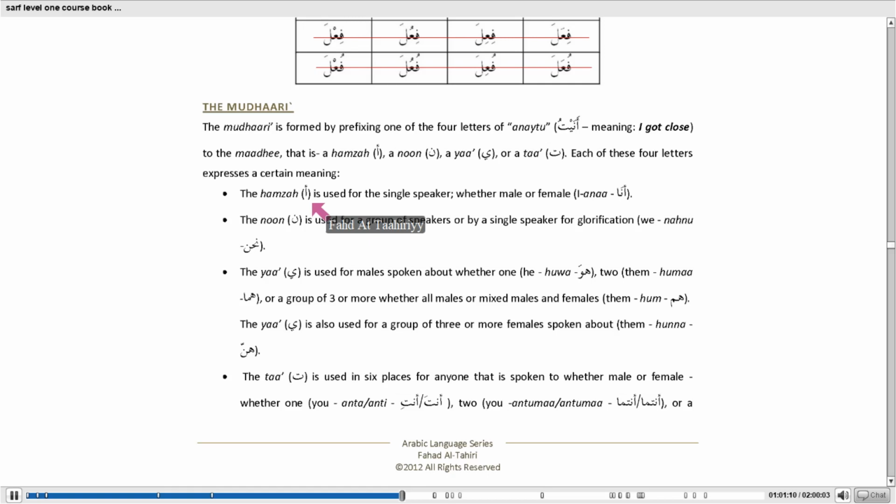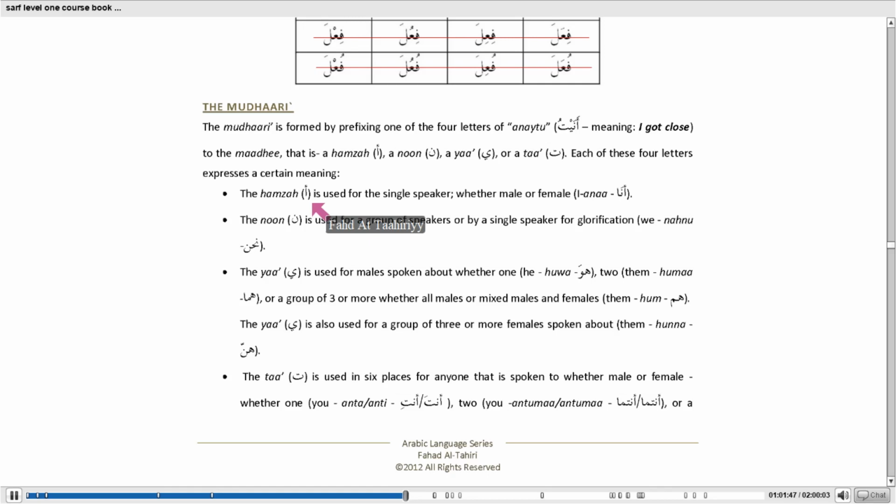Alright, now if I want to turn those past verbs into a mudari', I simply add one of those four letters to its beginning. For example, from daraba, I say adribu, or nadribu. In adribu, what did I add?